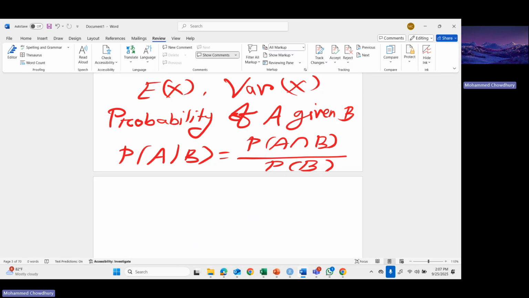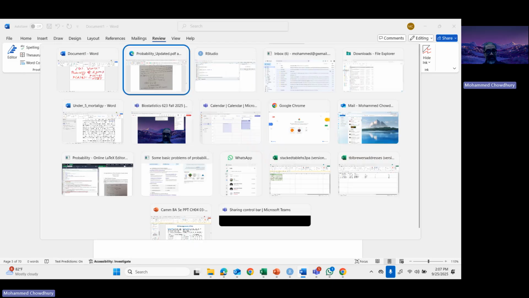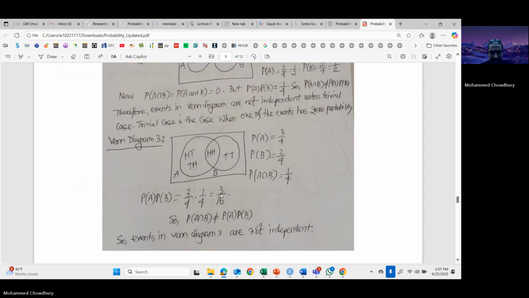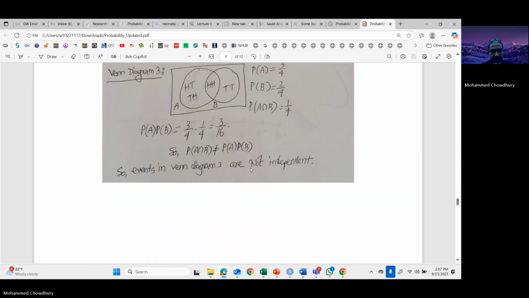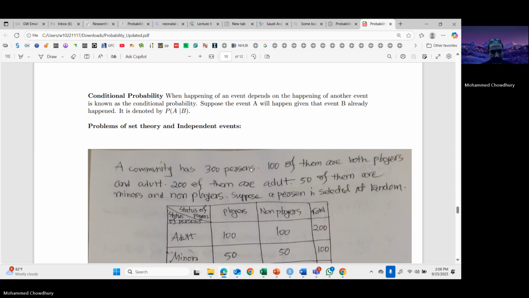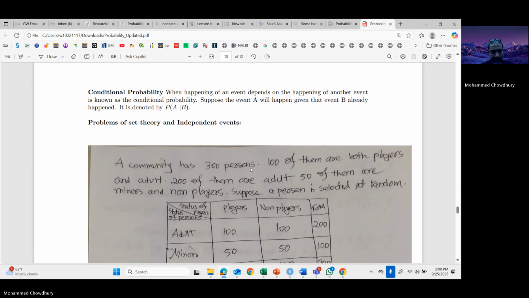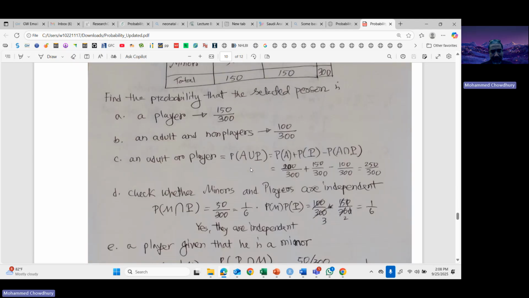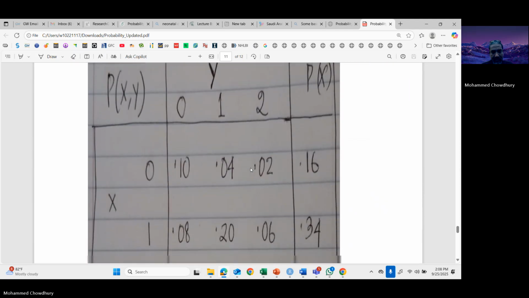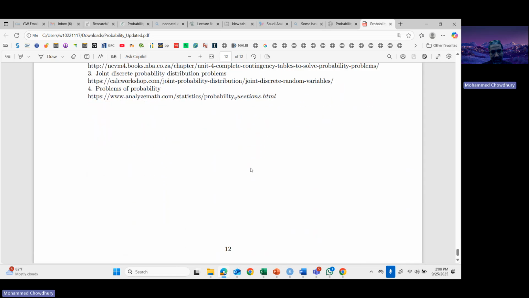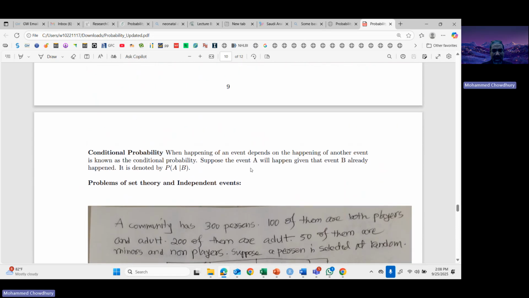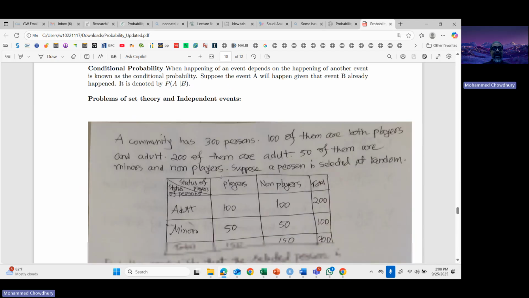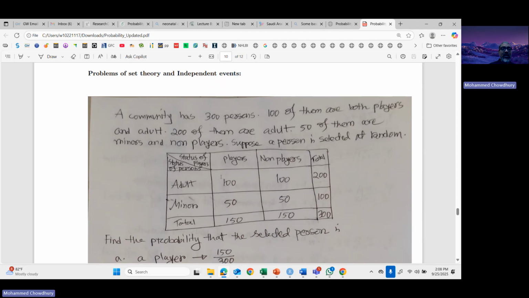Okay. So let us go there and try to compute something. After that, we will do this big problem. I have given the explanation of what conditional probability is. Now let us solve this problem.